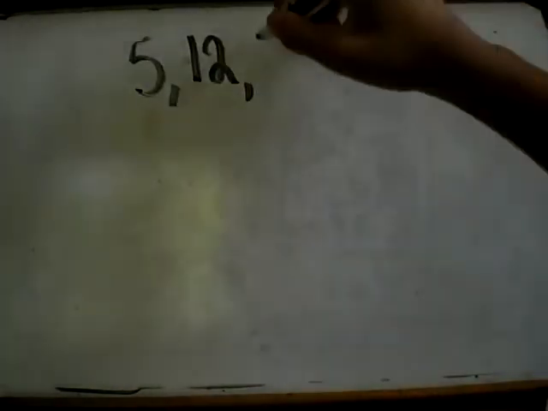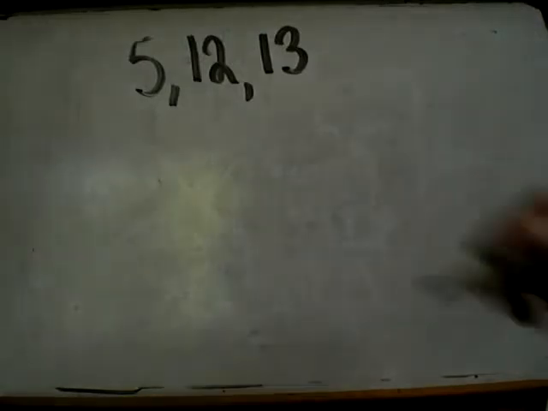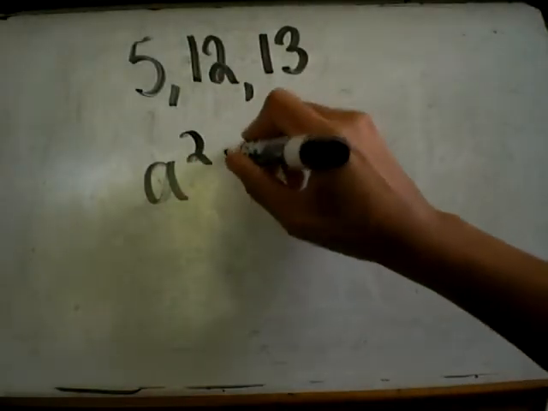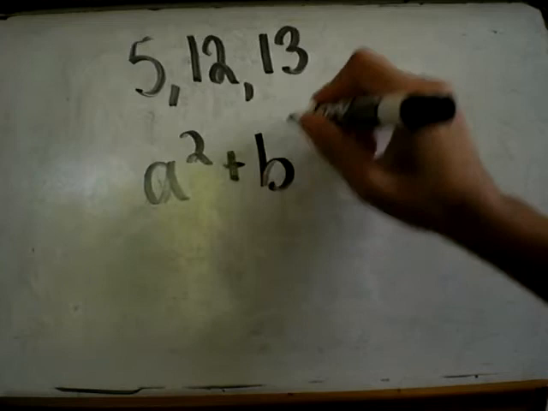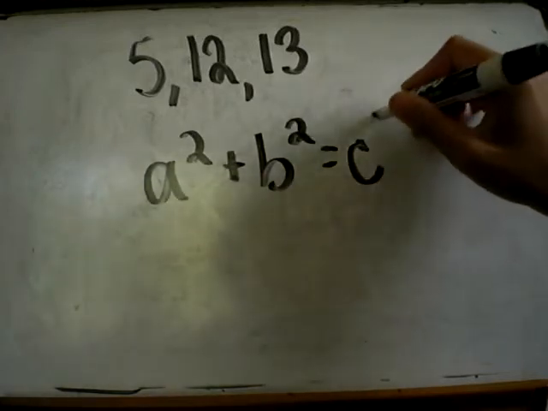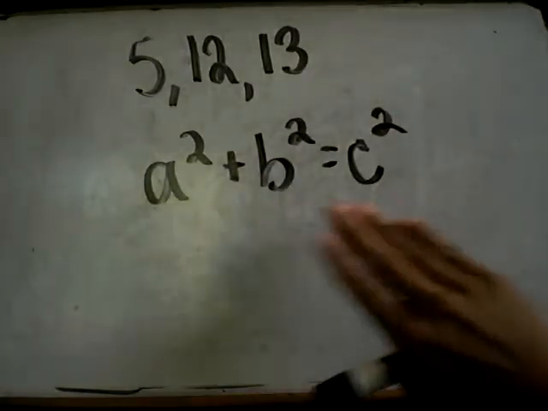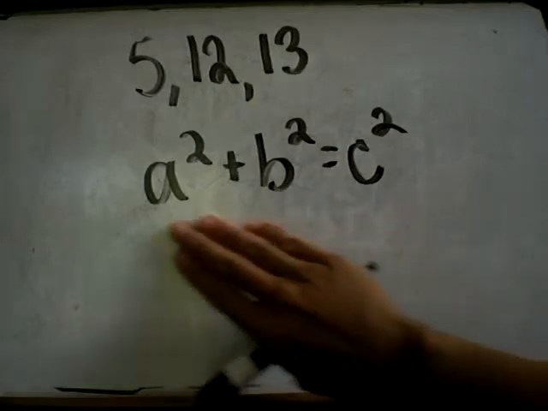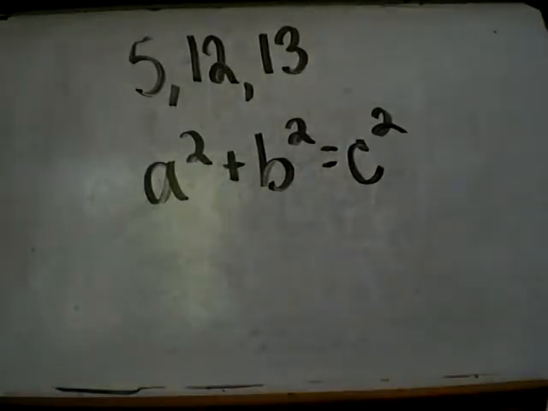Let's say one of the sides is 5 units, another one is 12 units, and the last one is 13 units. We have to figure out if it's a right triangle. If we plug in A, B, and C, the left side of the equation should equal the right side of the equation.